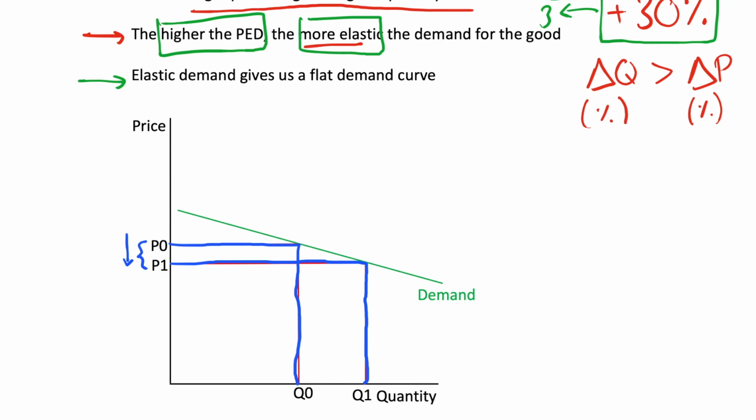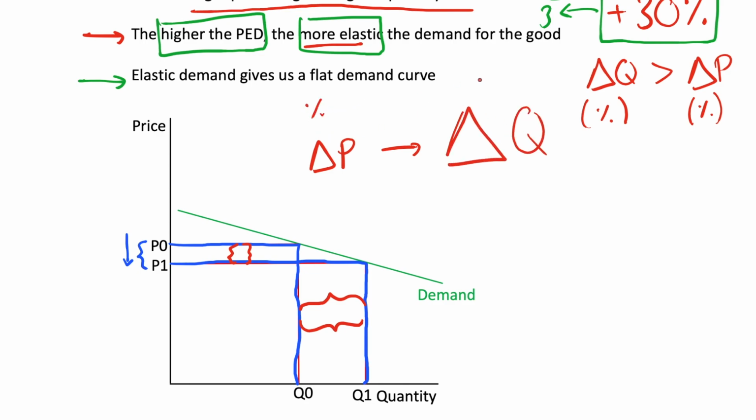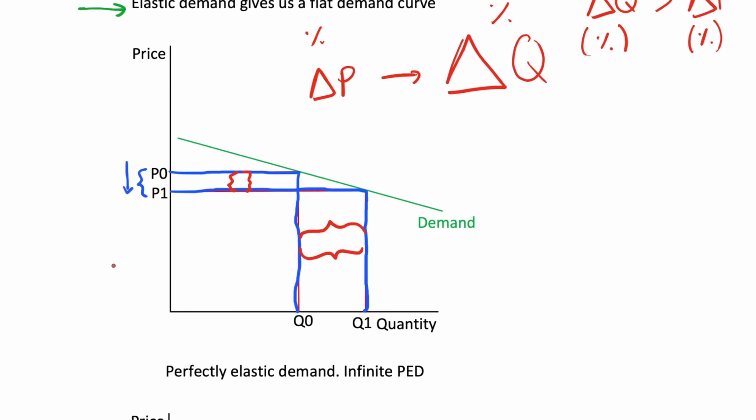And it should be pretty clear that we have just changed our price by this small amount, this distance between P0 and P1, but this has increased our quantity demanded by a much larger amount, this distance between Q0 and Q1. So a small change in price has given us a large change in quantity demanded. And again, remember, we're referring to these in percentage terms. And this is why we have a flat demand curve, because it gives us this effect where a small change in price will cause a large change in quantity demanded.